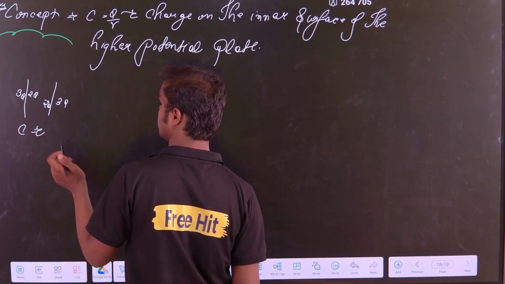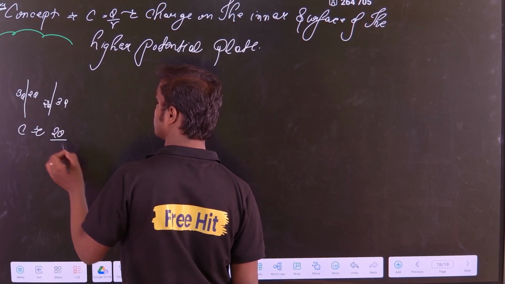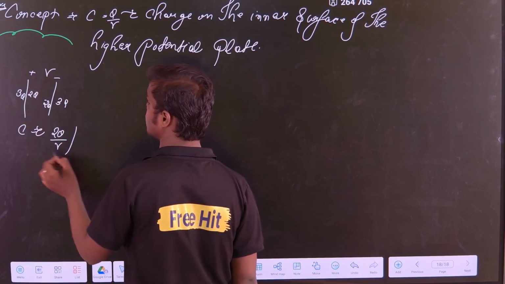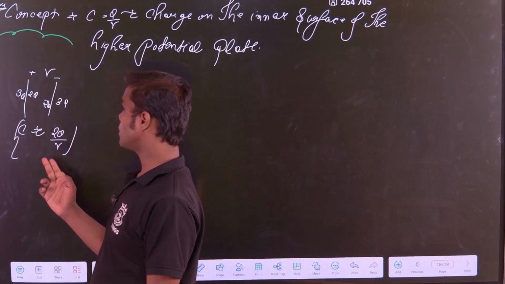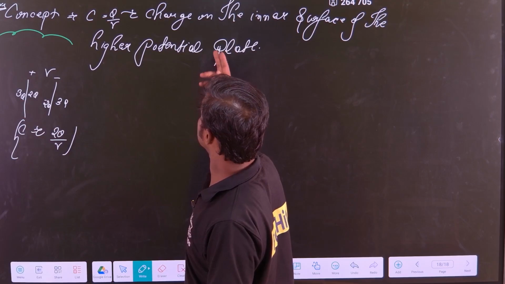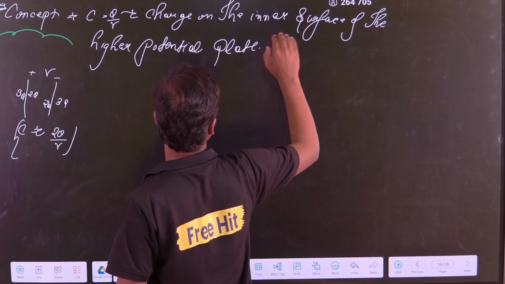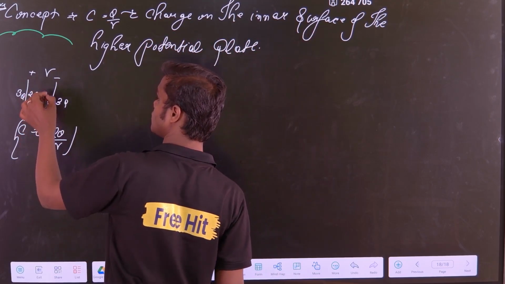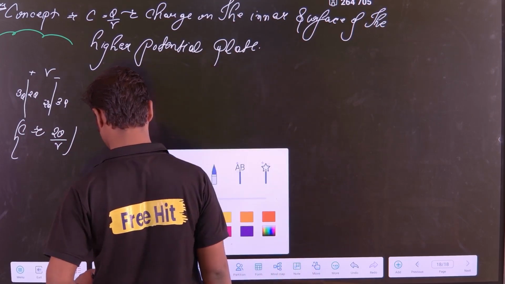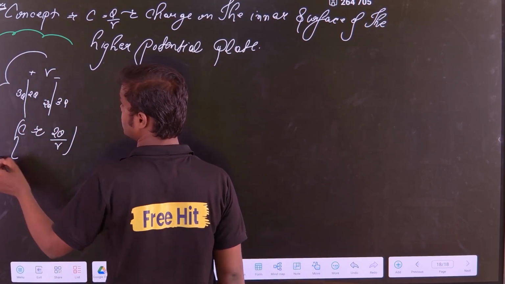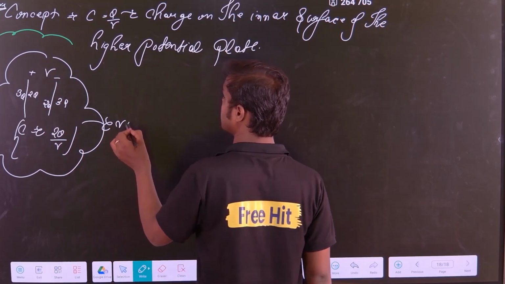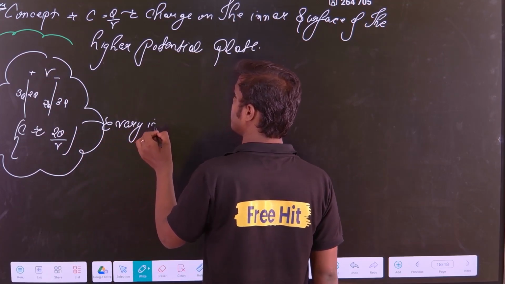The capacitance will be 2q by V, where V is the potential difference. Here q is the charge on the positive, higher surface, but it is the inner surface charge. What is the charge on the inner surface? That is 2q. So that is a very important concept.